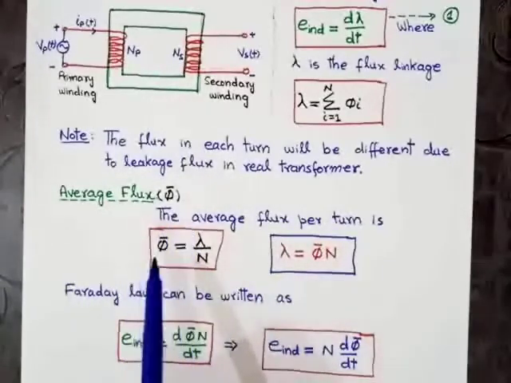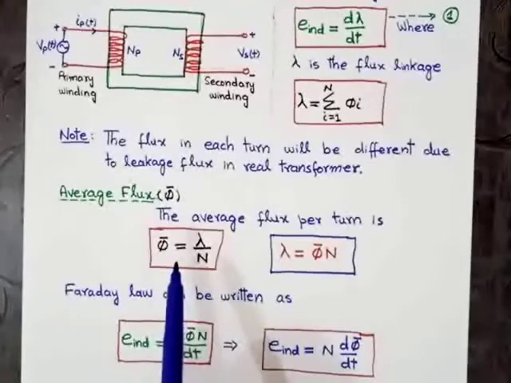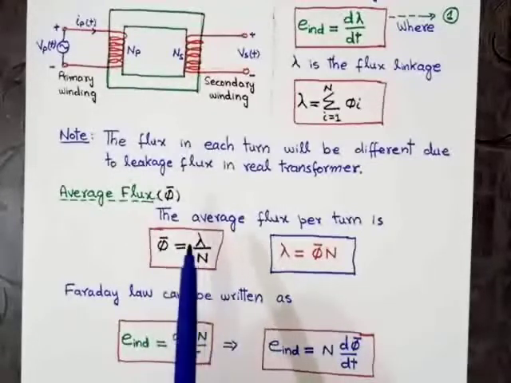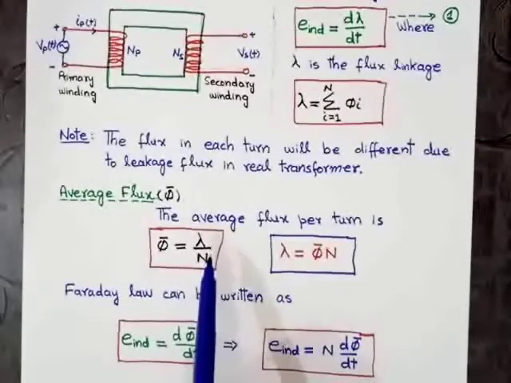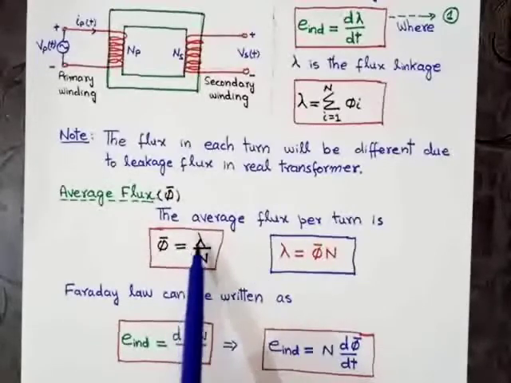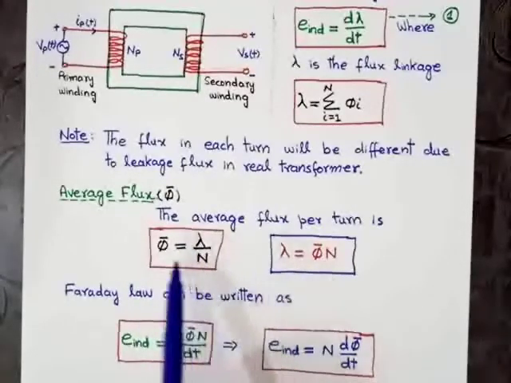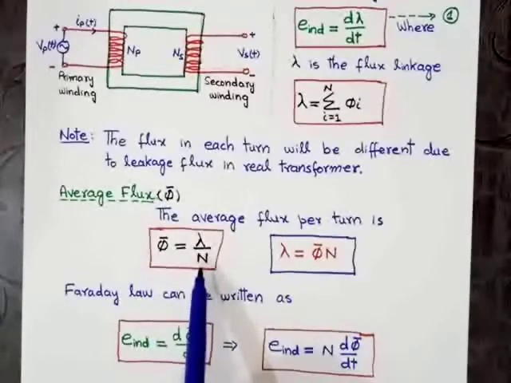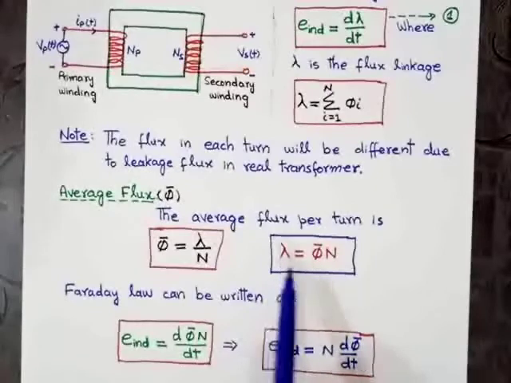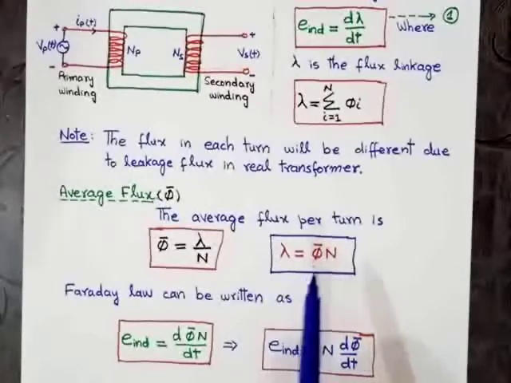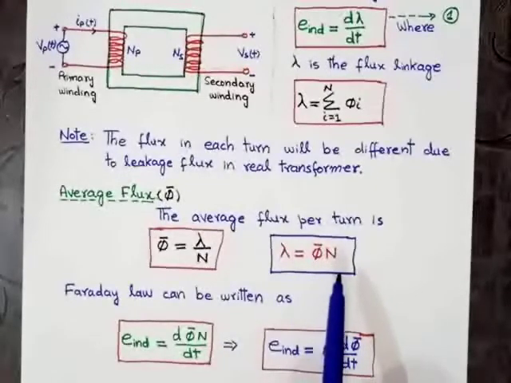In case of average flux phi dash, we divide the total flux linkage by the total number of turns, where lambda is the total linkage flux and N is the total number of turns. Here the value of lambda will be equal to the average flux times the total number of turns, that is, lambda is the total linkage flux, phi dash is the average flux, and N is the total number of turns.